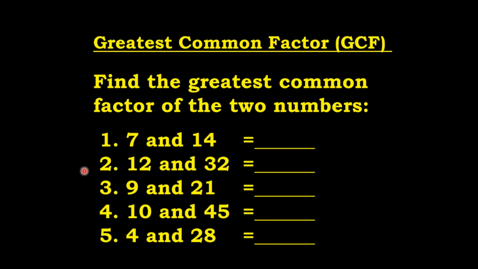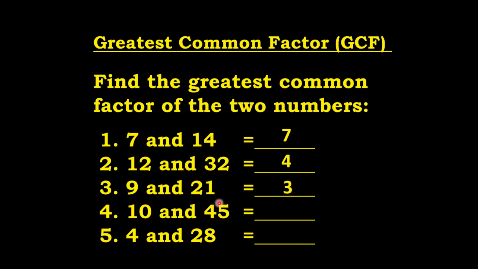Now let us try to answer this one first. Find the greatest common factor of the two numbers. Number 1, 7 and 13. So the GCF is 7. Then for number 2, 12 and 32. The GCF is 4. For number 3, 9 and 21.